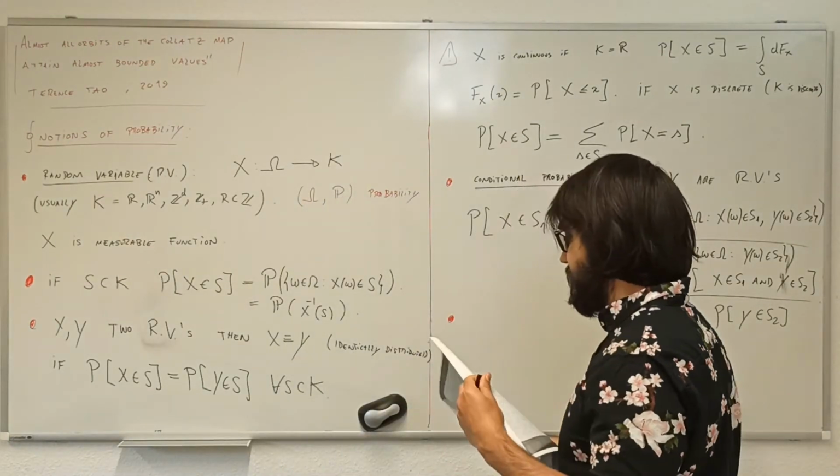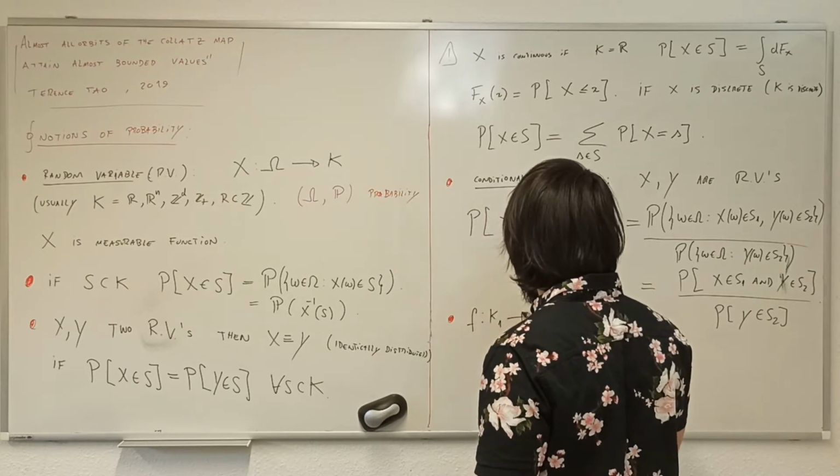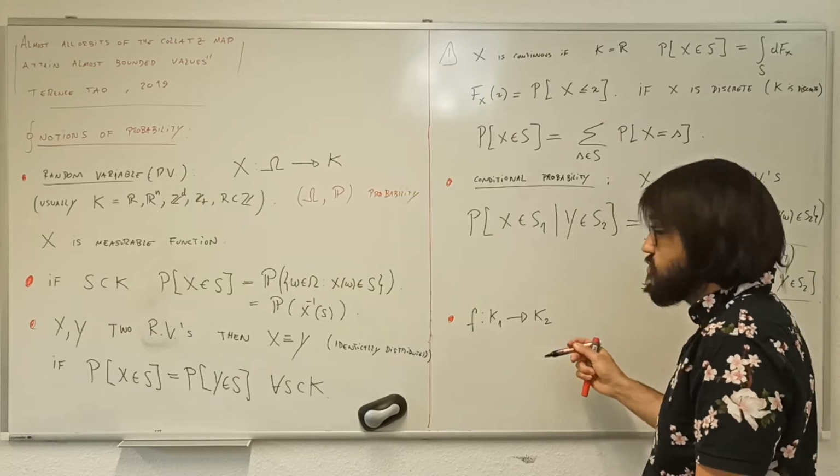If you have a function, let's say f from K1 to K2, you could define a new random variable.